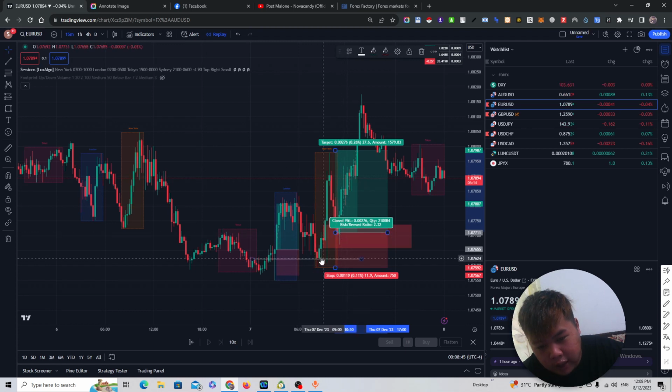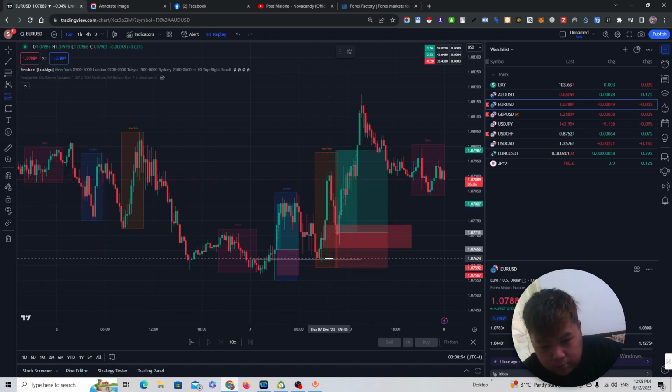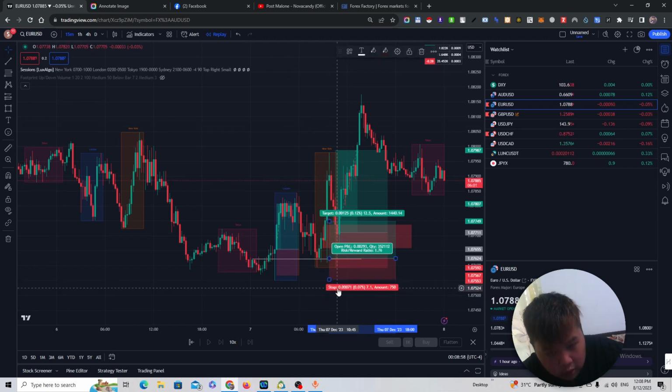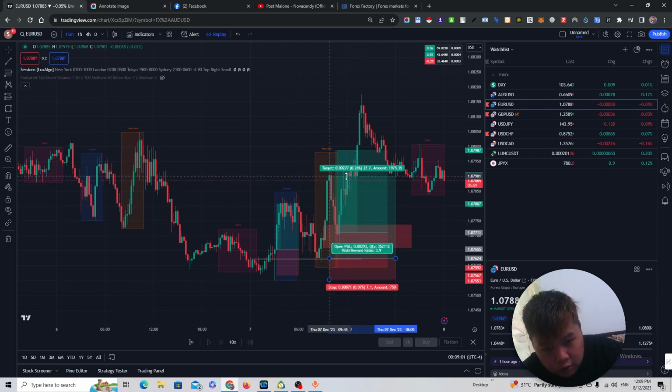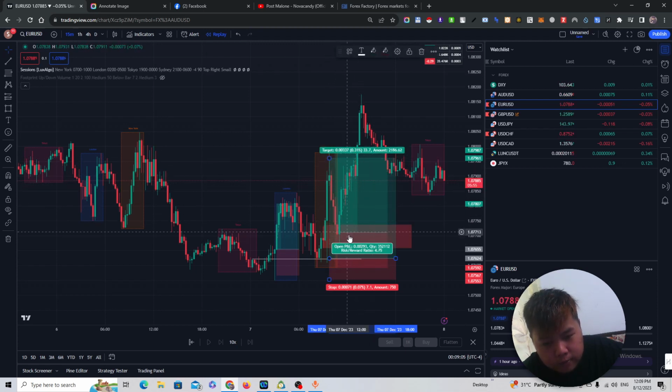So when the price came to this particular area, I also open up a trade here. So in total I open up 2 trades in the EU for scaling up bigger profits.